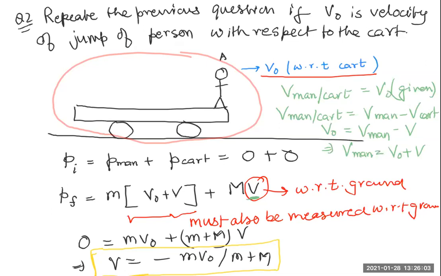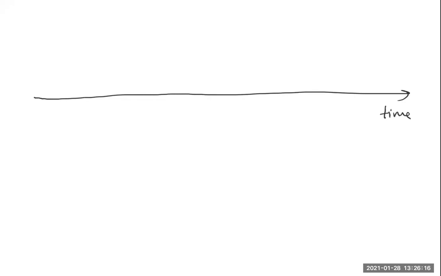Remember what I told you in the last class. Let me just write it down here. So there is a sequence of events happening here. So this is the axis of time.